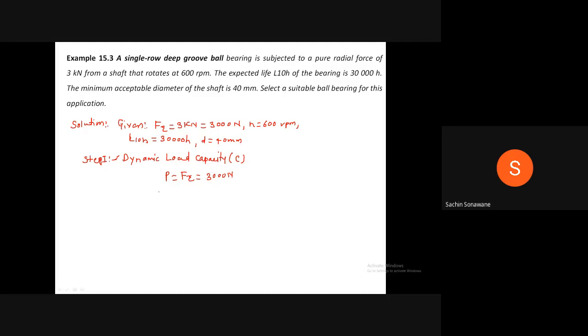Now we know the formula L10 is equal to 60 into N into L10H divided by 10 raised to 6, which is equal to 60 into 600 into 30,000 divided by 10 raised to 6. Therefore L10 is equal to, what is the value?